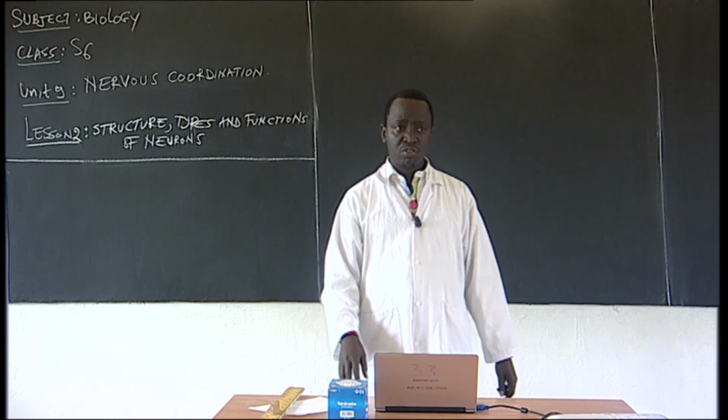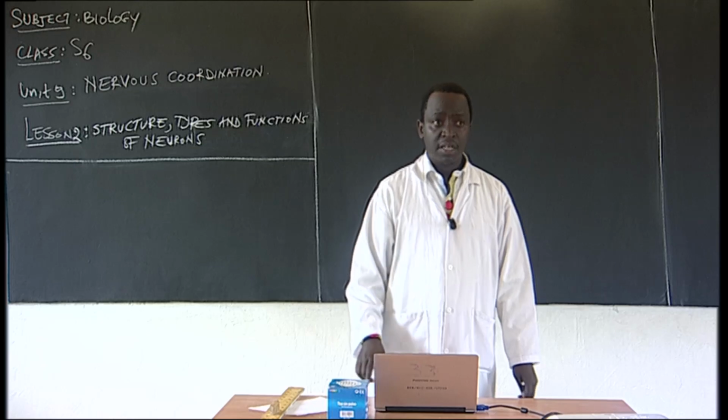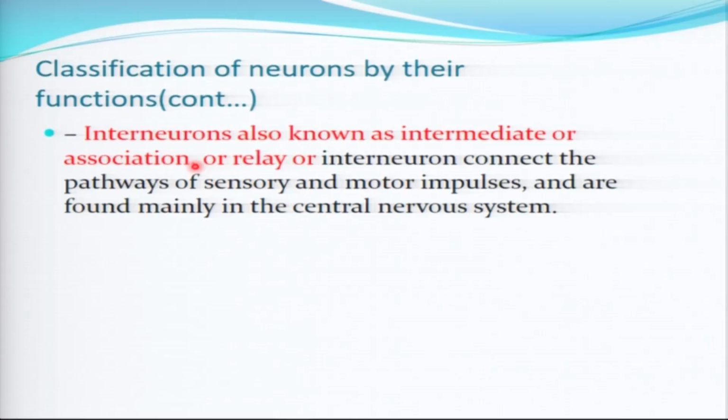We also have what you call interneurons. They are also called intermediate, associate, or relay neurons. They connect sensory and motor neurons, sensory and motor impulses.